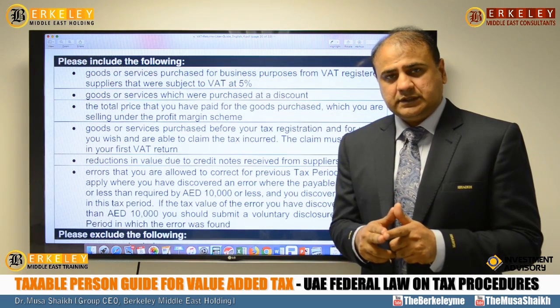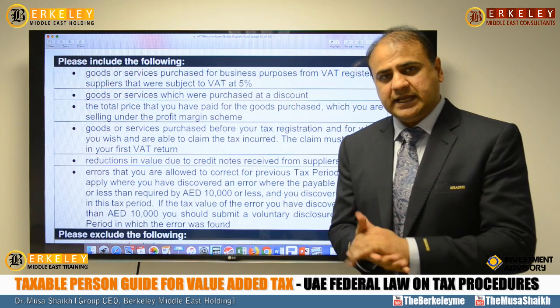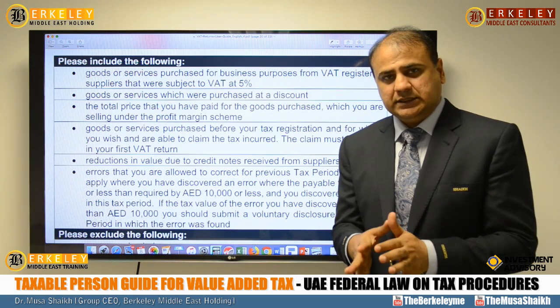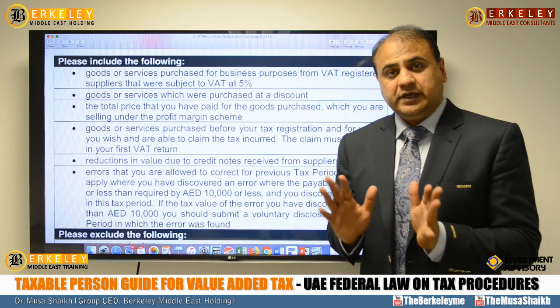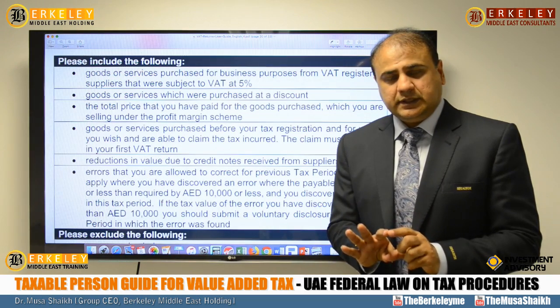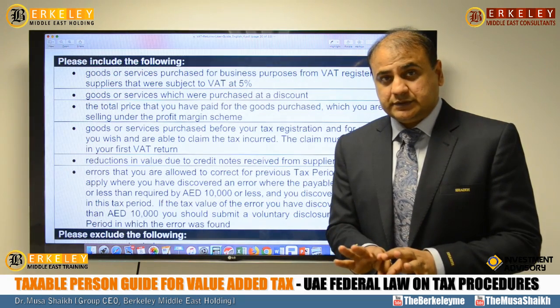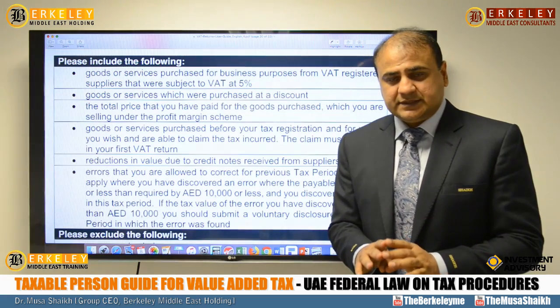Those goods and services which were purchased before your tax registration and you intend to claim some refund. The only condition is it should be included in your first return. Any kind of reduction in the credit because of credit notes. Errors where you are allowed to adjust the previous tax periods.